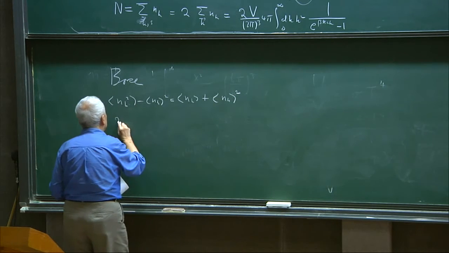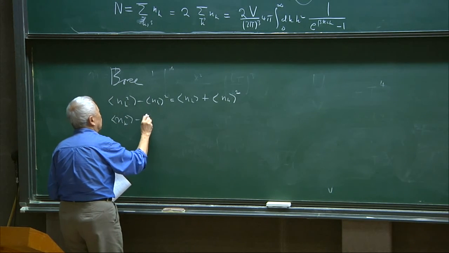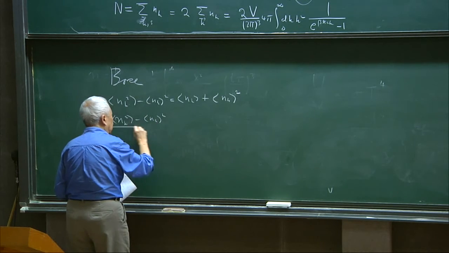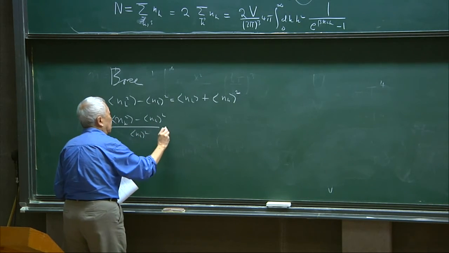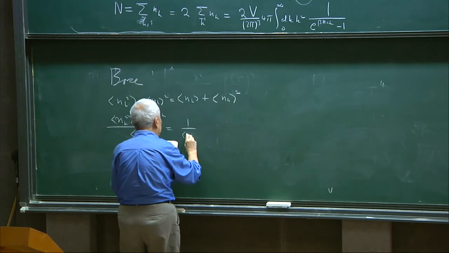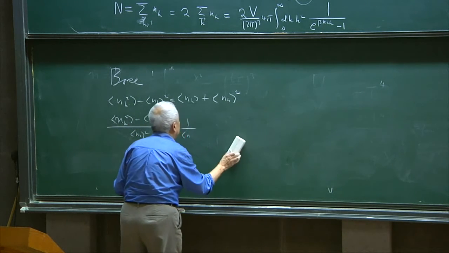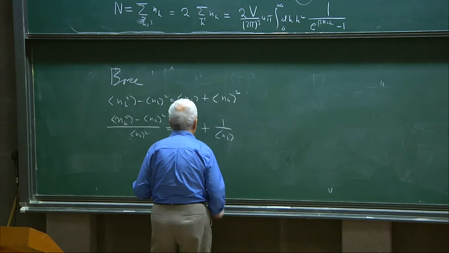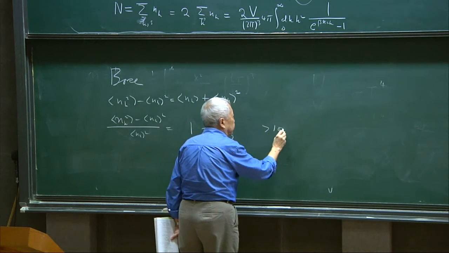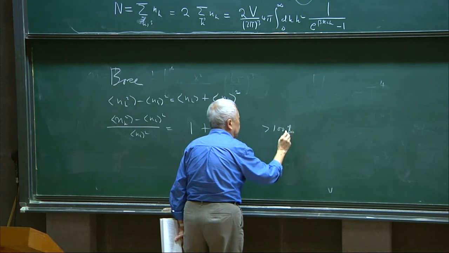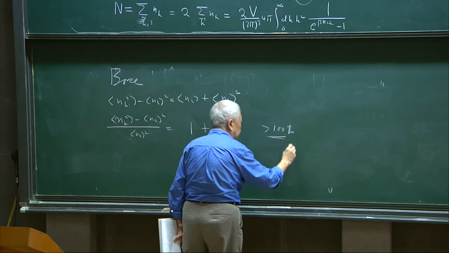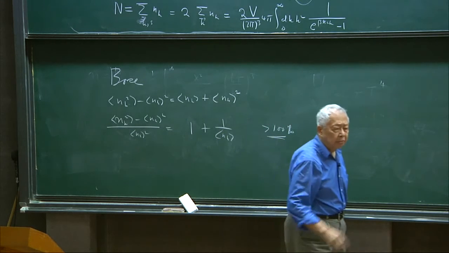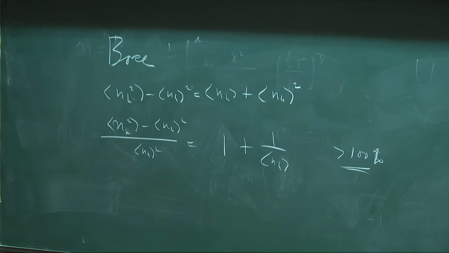Or if I divide both sides by n_k squared, I get 1 plus 1 over n_k. And this is always greater than 100%. The fluctuation of the occupation number of thermal photons is very large. It's always greater than 100%.